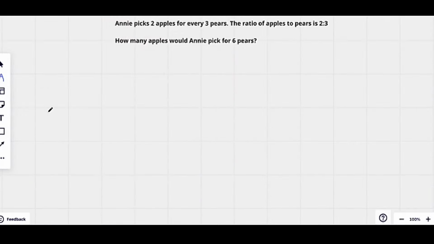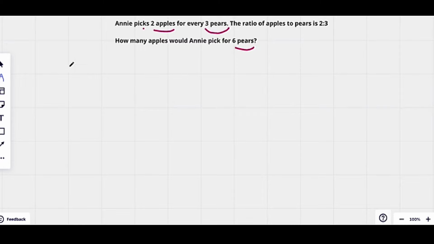Okay, let's take a look at a word problem here. So we have Annie picks 2 apples for every 3 pears. The ratio of apples to pears is 2 to 3 because we have 2 apples for every 3 pears. That's why we have 2 to 3. How many apples would Annie pick for 6 pears?